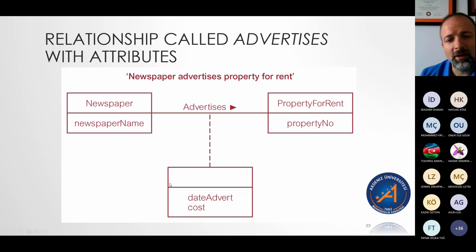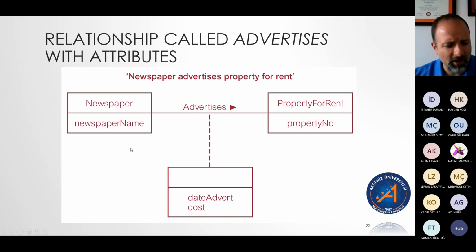Because if newspaper A costs more than newspaper B, we may use newspaper B more often. Okay, so something else that we may want to keep track of, that's not here, is how many contracts, how many leases can we say were a result of a certain advertisement?